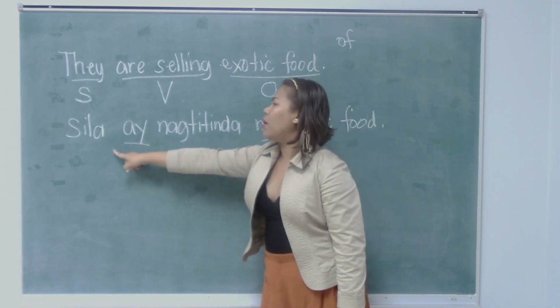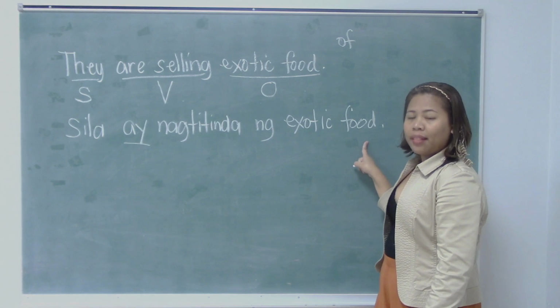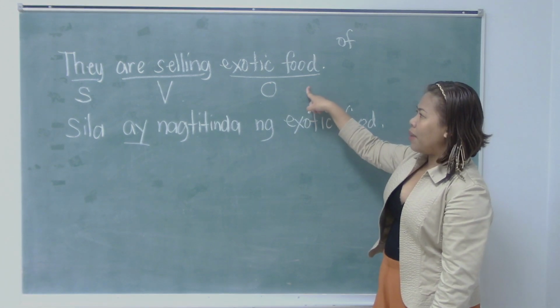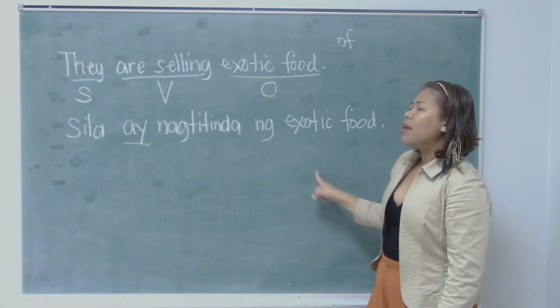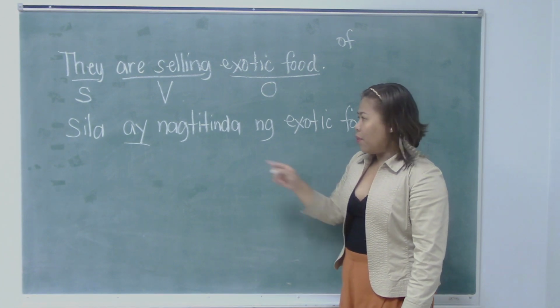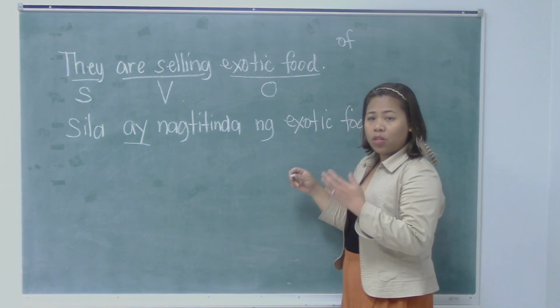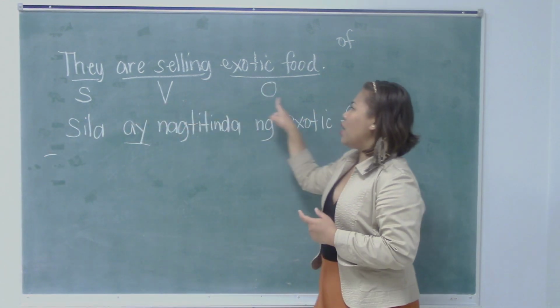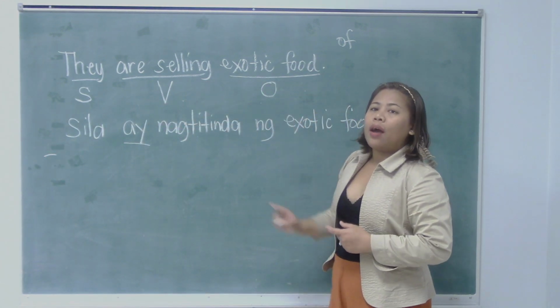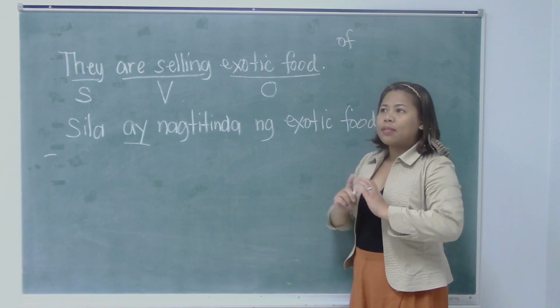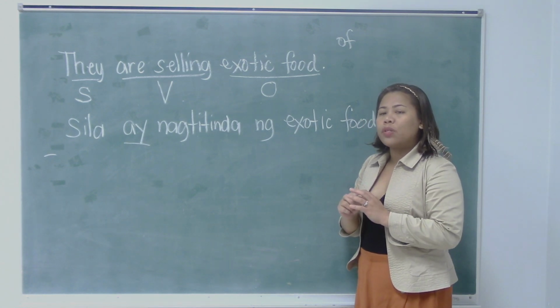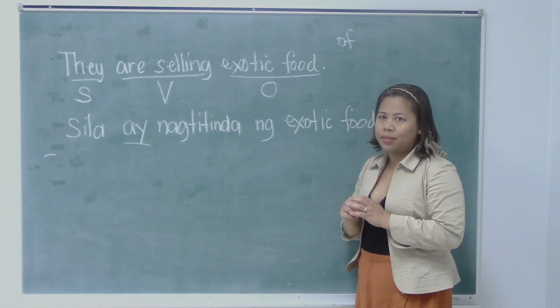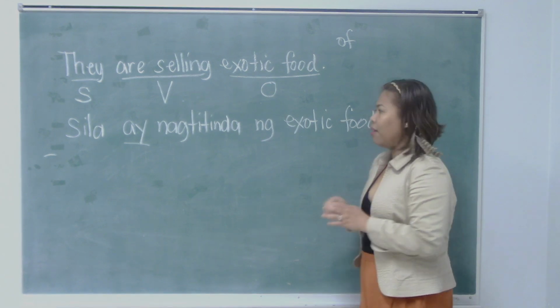But in Filipino, we form it this way, like how you form the active voice in English. Our active voice, which is conversational Filipino, would not be in an SVO pattern. Usually, our sentences in active voice will be formed by starting with a verb.